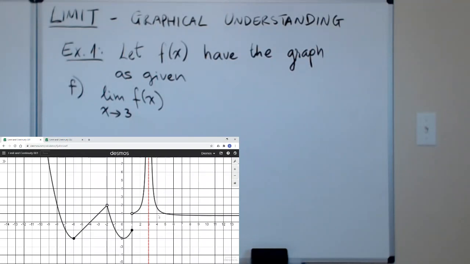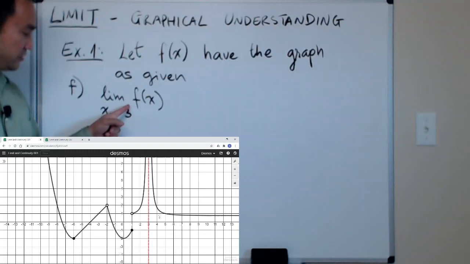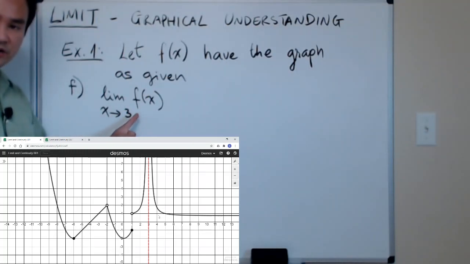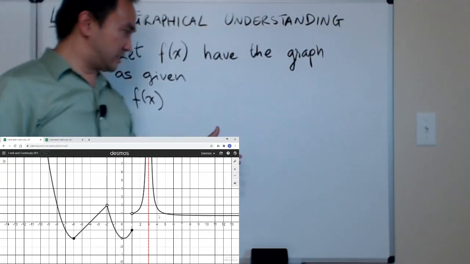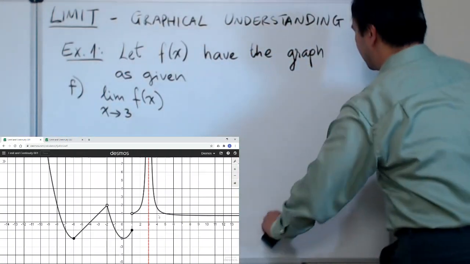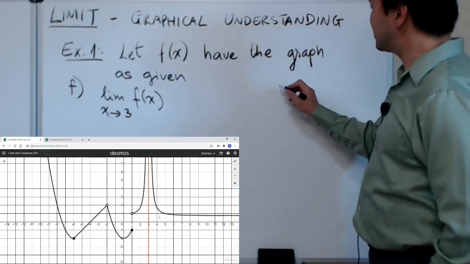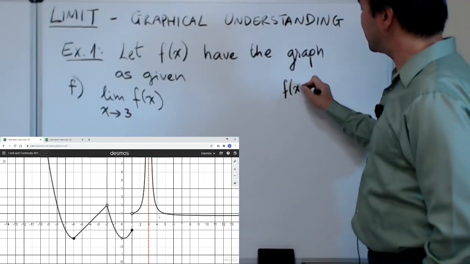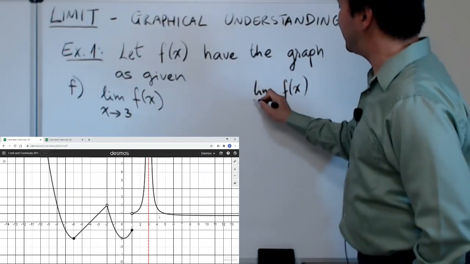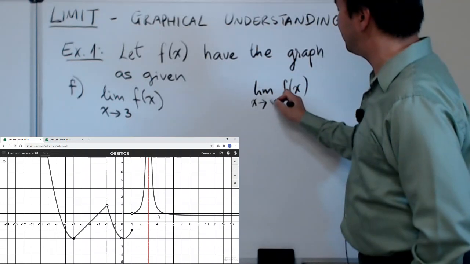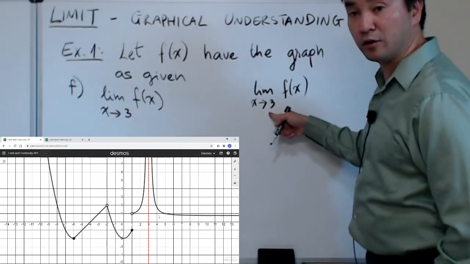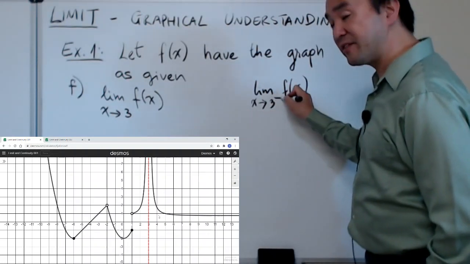Okay, and once again, the problem is looking for the general two-sided limit, so it is our responsibility to do a left-hand side limit first. So for f of x on this same graph, I am going to trace along the graph as I let x come close to 3 from the left-hand side.